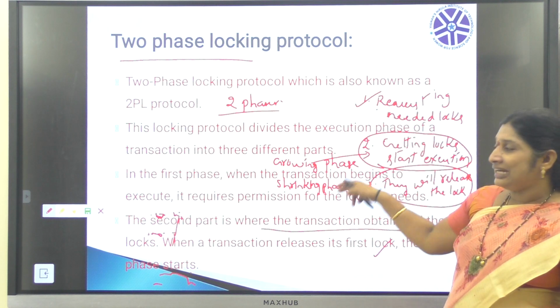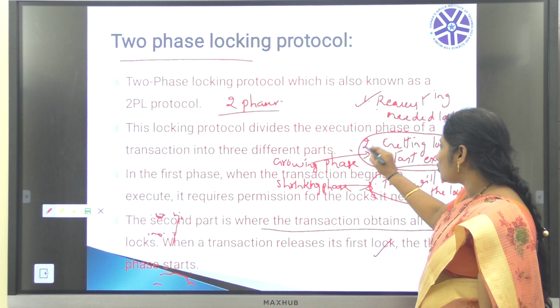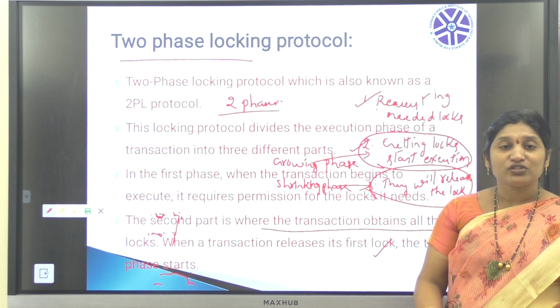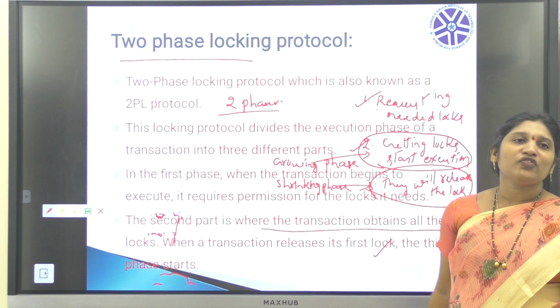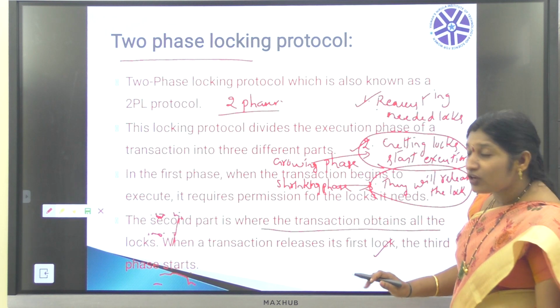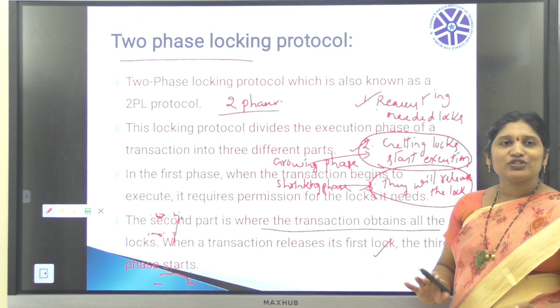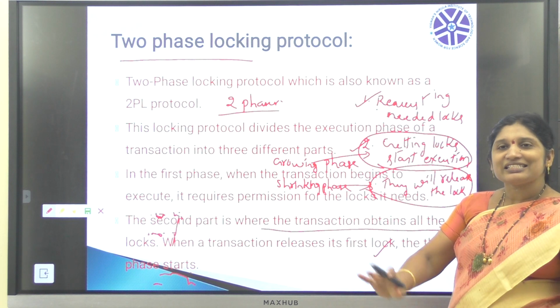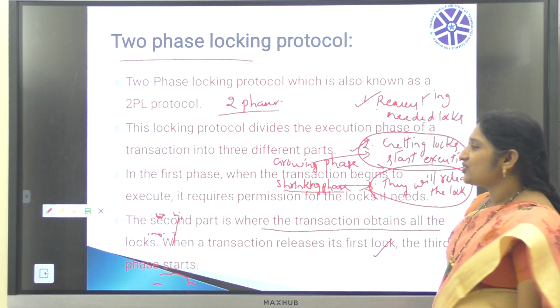After getting them, it enters the growing phase and gets the locks on each data item. After obtaining all the locks, it starts its execution. After completing the execution, it starts releasing the locks on the data items. That type of phase is called the shrinking phase.